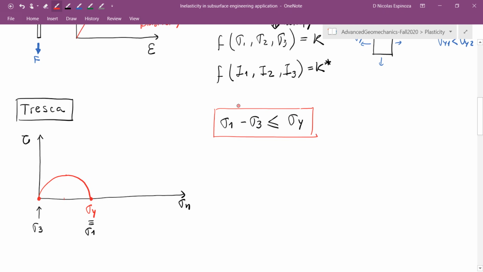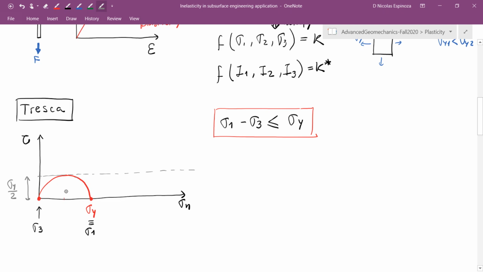So eventually what this equation means is that I'm going to have a limit for the size of the Mohr circle, and it cannot pass this line, where this line is going to be located at a distance of sigma y divided by 2 from the x-axis. Why sigma y divided by 2?